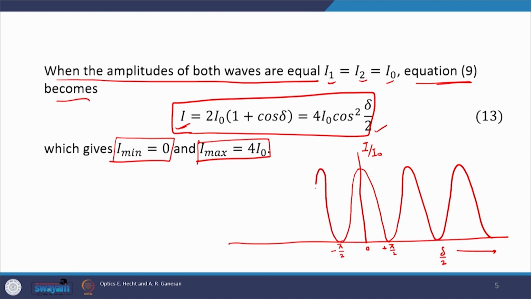This type of periodic variation would be observed if we plot equation number 13, and these are nothing but our interference fringes.